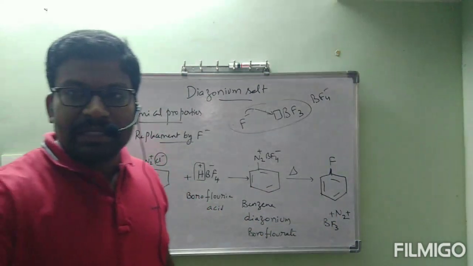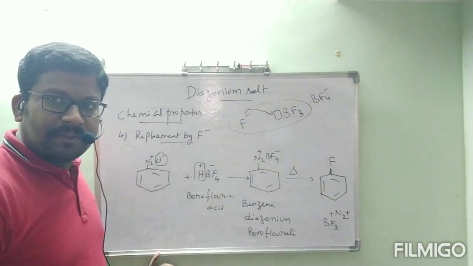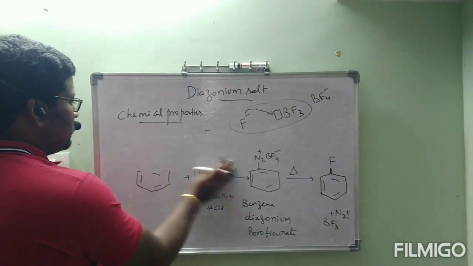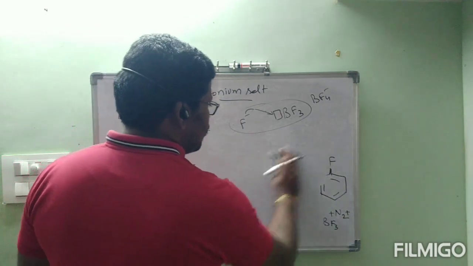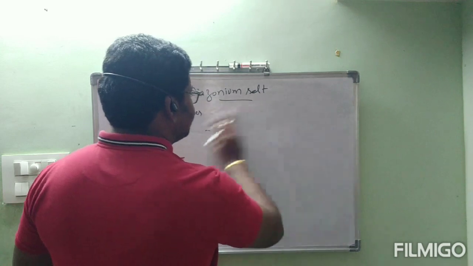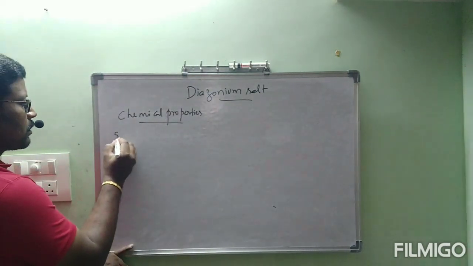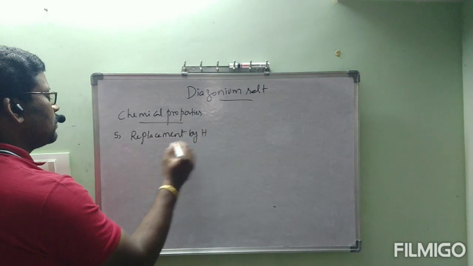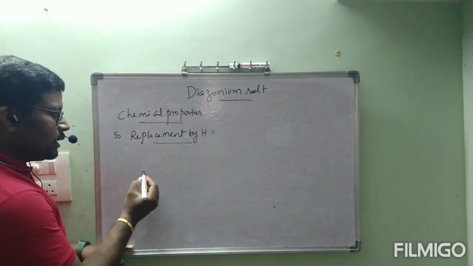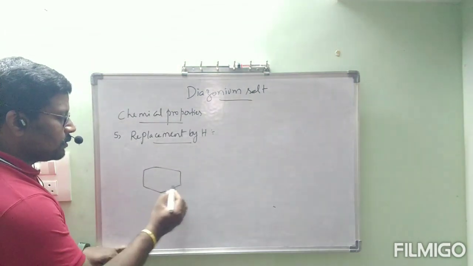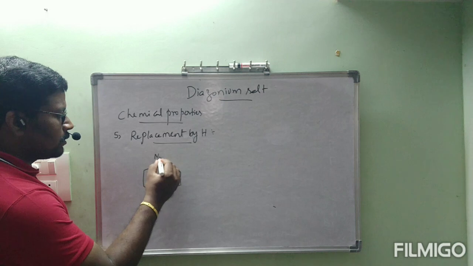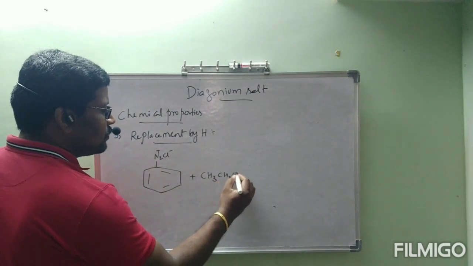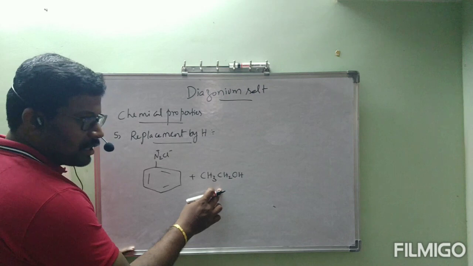Next, we will go through the next property, that is the fifth one, replacement by H. Start with benzene diazonium chloride, N2 plus Cl minus, which reacts with CH3CH2OH, alcohol.